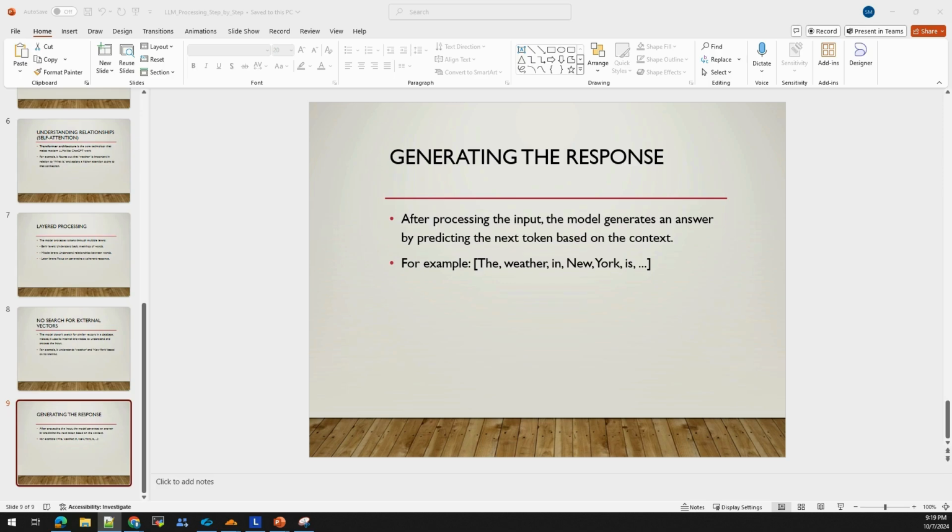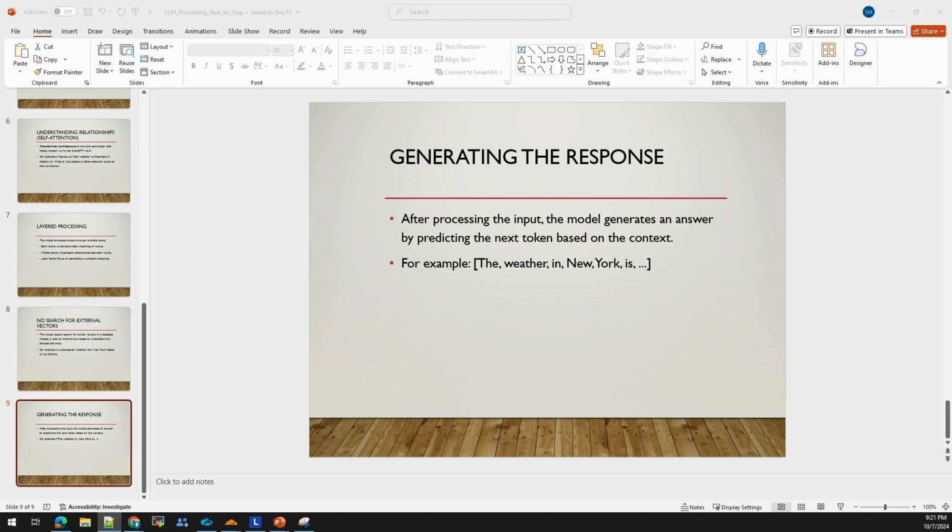The model breaks input into tokens, which are small parts, and turns them into numbers, which are vectors, and then processes them through multiple layers. The transformer's self-attention mechanism helps the model figure out which parts of your sentences are important and how words relate to each other.